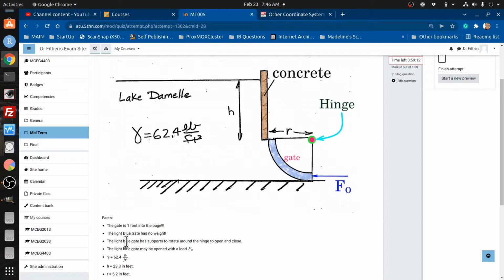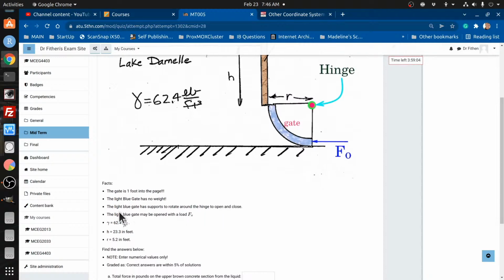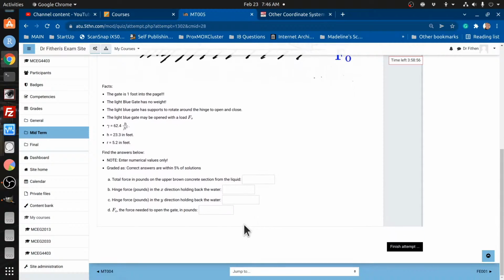The light blue gate has supports to rotate around the hinge, which is right there, that funny color there, to open and close. The light blue gate may be open with a load F0, which is right there. Here's your gamma, here's your H, here's your R. And there you go. There are 4 questions related to that.